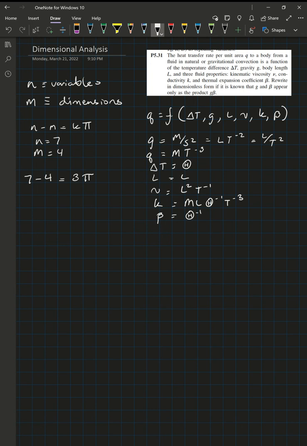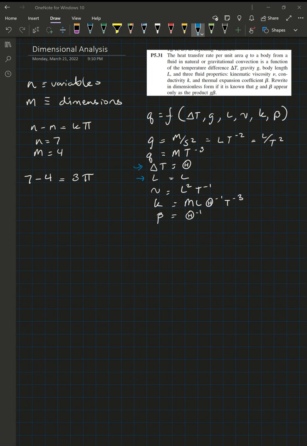In order to do this, which is a little bit of an arbitrary process, we need to pick 4 variables since we have 4 fundamental dimensions, and those variables together need to make up each of these 4 fundamental dimensions. I'm going to pick the most simple versions. For example, delta T is just the temperature dimension by itself. L is just the length dimension by itself.